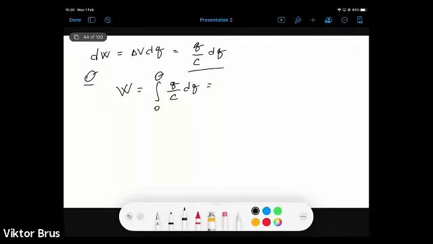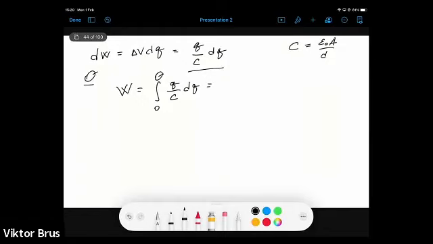For instance, if we have a parallel plate capacitor, the equation for the capacitance is epsilon 0 times A divided by d. Here we don't see any charge or potential difference. Epsilon 0 is the permittivity of free space, just a fundamental constant. Then we have the area of the capacitor plates and the distance between these two plates.